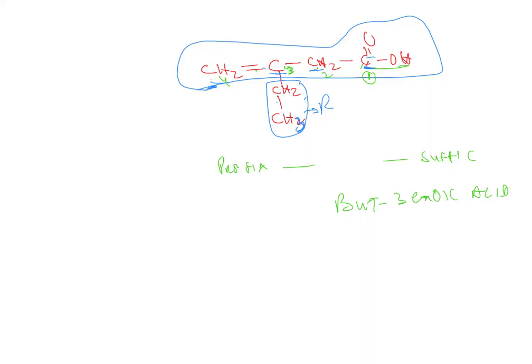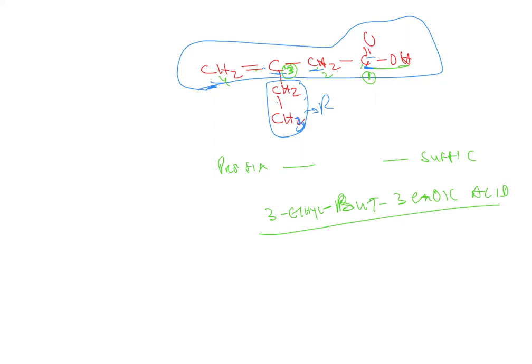But then the substituent comes at the front. So you put it's ethyl and it's in the third position too. So 3-ethyl but-3-enoic acid. Always remember you put hyphens.